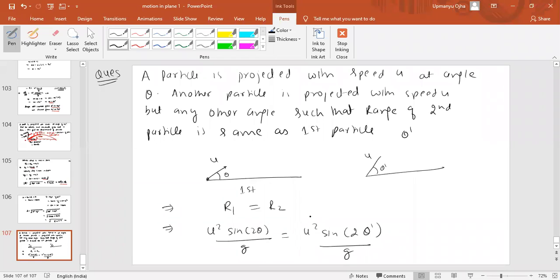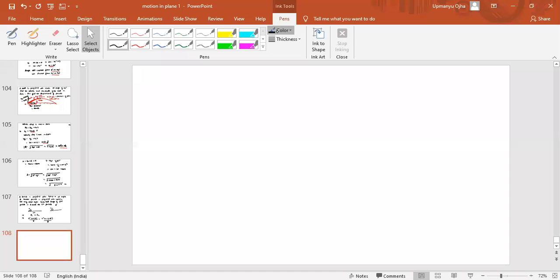Okay, fine. So u square will get cancelled out. So we get sine 2 theta equal to sine of 2 theta dash. Now, when can this equation be possible? When I write this sine 2 theta dash as sine of 90 minus 2 theta dash.